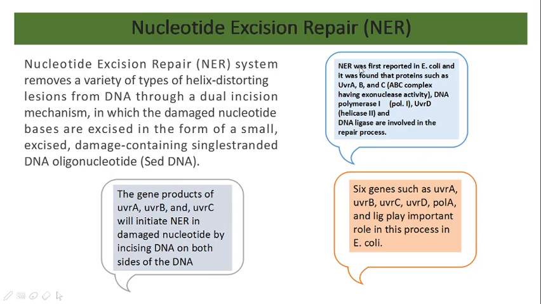This NER was first reported in E. coli and it was found to have different proteins like UvrA, UvrB and UvrC. Together it is called the ABC complex, having exonuclease activity, along with DNA polymerase I, UvrD which has helicase activity, and DNA ligase.